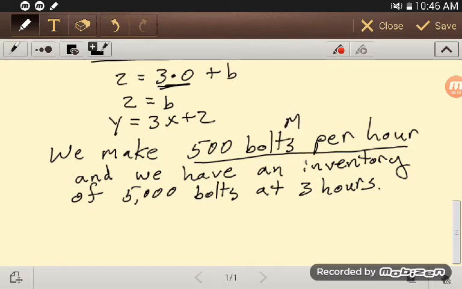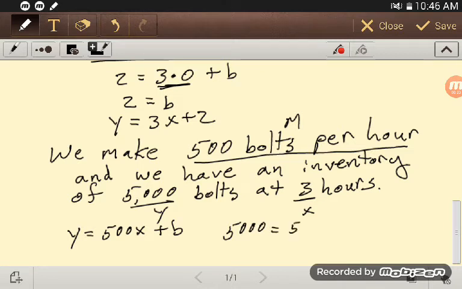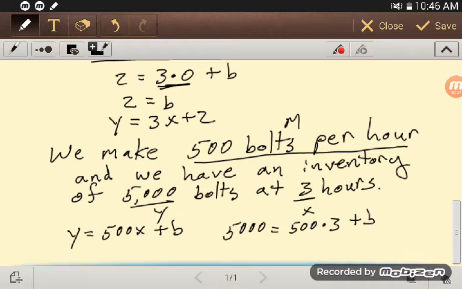And here is my point. Here is x, and here is y. And so I know that I have y equals 500x plus b, and so then I place these things in here, and I get 5,000 equals 500 times 3 plus b.